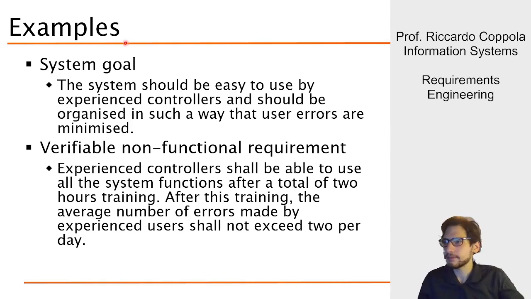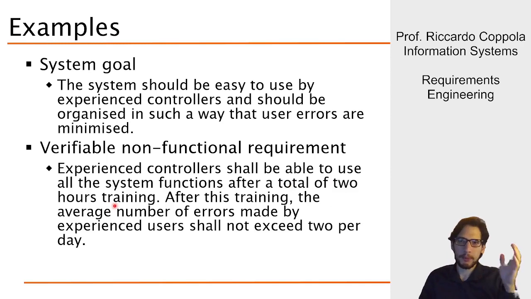So I can move from the goal to a verifiable and traceable non-functional requirement, and I can say that my system is easy if my experienced controllers can use the system and are able to learn the system in 2 hours. So you see that we are introducing a different layer here. Before, I said just my goal, which is it must be easy. Now I put a number on that easiness.